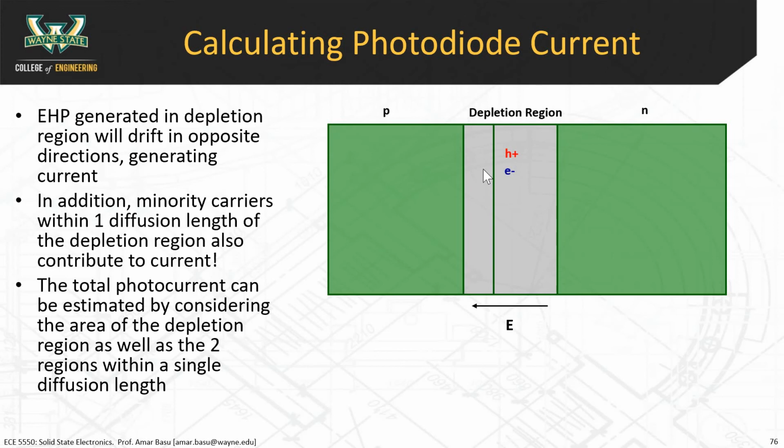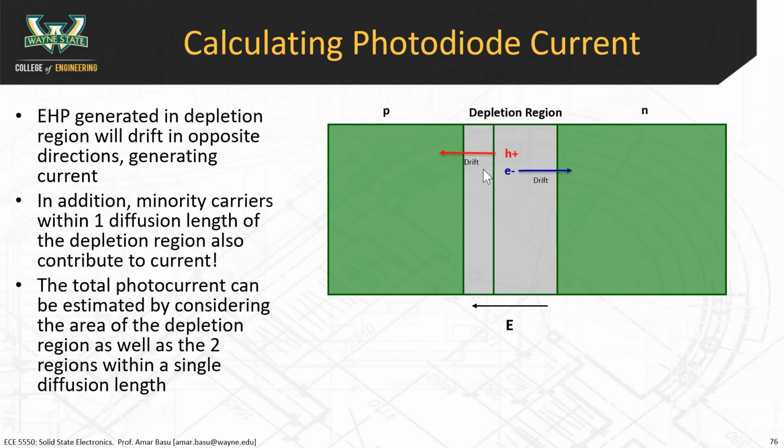You generate a hole and electron in the depletion region, and they drift in separate directions because there's a strong electric field there. The hole goes in the same direction as the electric field. The electron goes in the opposite direction of the electric field, right?